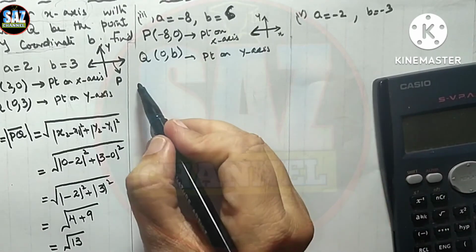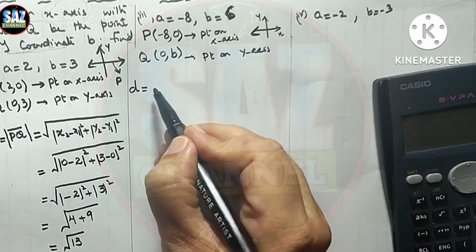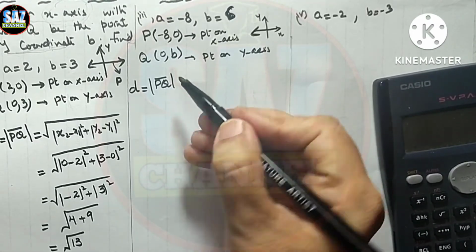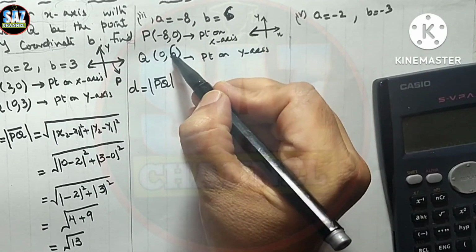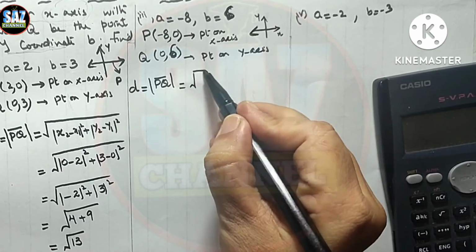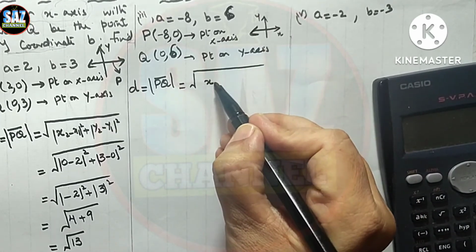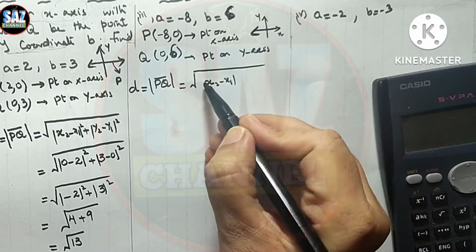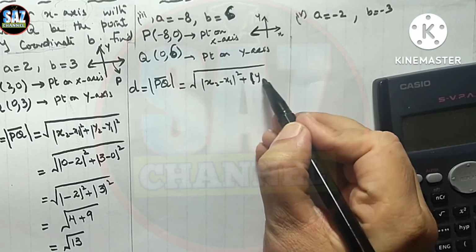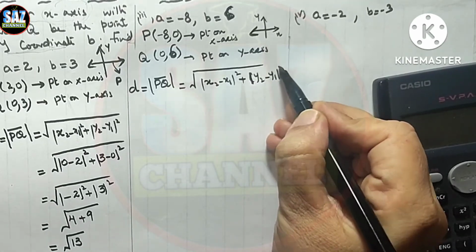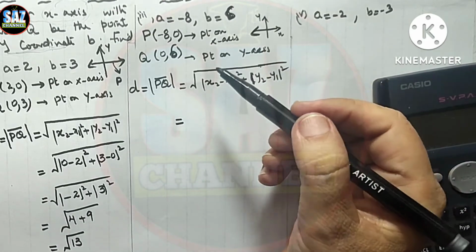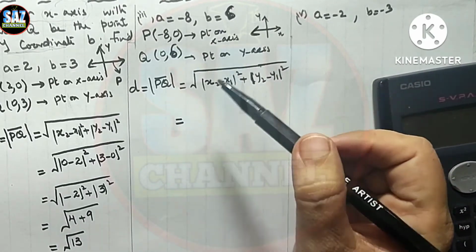Now recall the formula, that D equals PQ. This is 0 with 6. Let me write the formula properly. The formula is the square root of the sum of the squared differences between x coordinates and y coordinates, (y2 minus y1) whole square. The lesson is equally important for my O-level students as well, because this is one of the important concepts of your O-level examination.